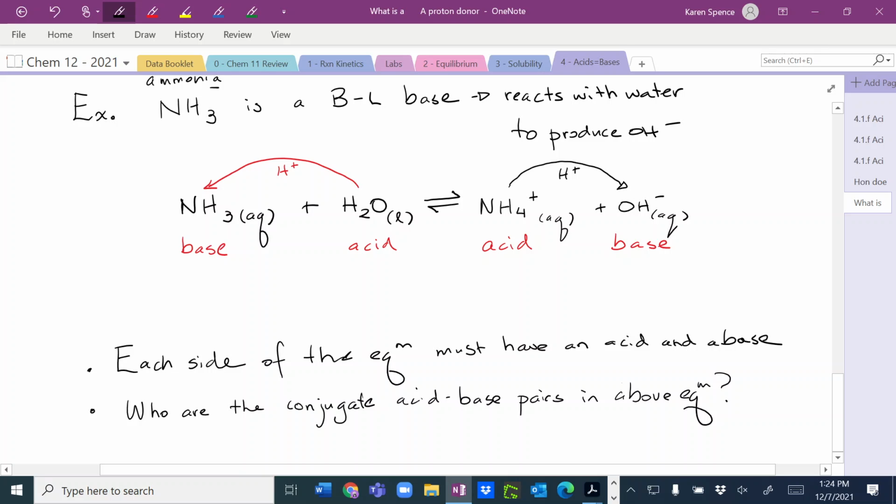I'll give a minute, and then we'll come back. So there's going to be two conjugate acid-base pairs. Tell your partner what two things make one conjugate acid-base pair and what two things make the other conjugate acid-base pair.